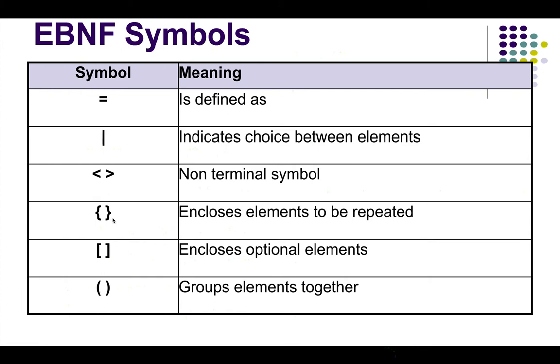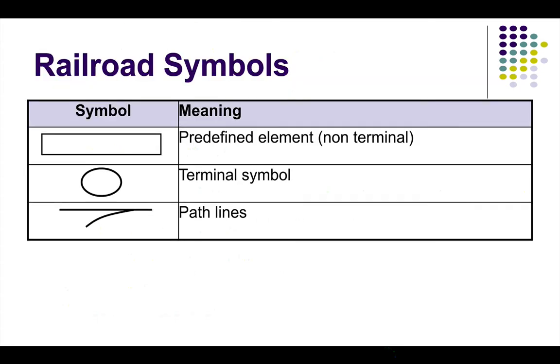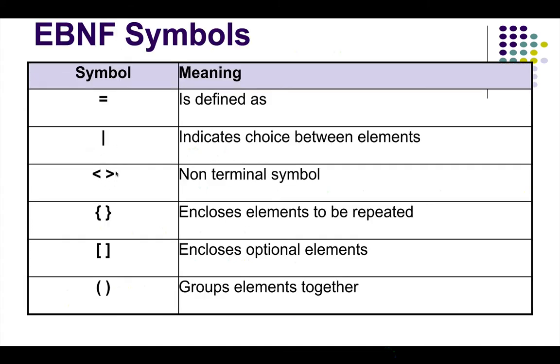You have to know the difference, particularly the difference between curly and straight brackets is going to become really important, guys. Really, really important, particularly when you're trying to interpret EBNF. In railroad, so the equivalent, so this non-terminal symbol in EBNF with greater than and less than, and we'll have a look at what this actually means, non-terminal symbols.